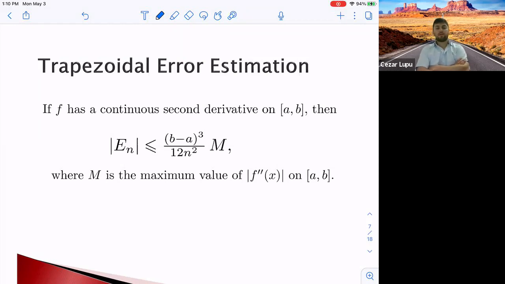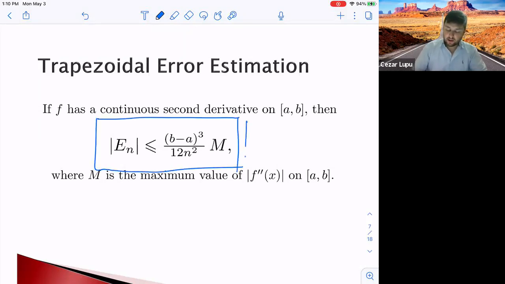Moreover, the estimate of the error term is (b minus a) cubed over 12 n squared times the supremum of the second derivative in absolute value. So that's the error estimate, which is pretty good if you look at it.